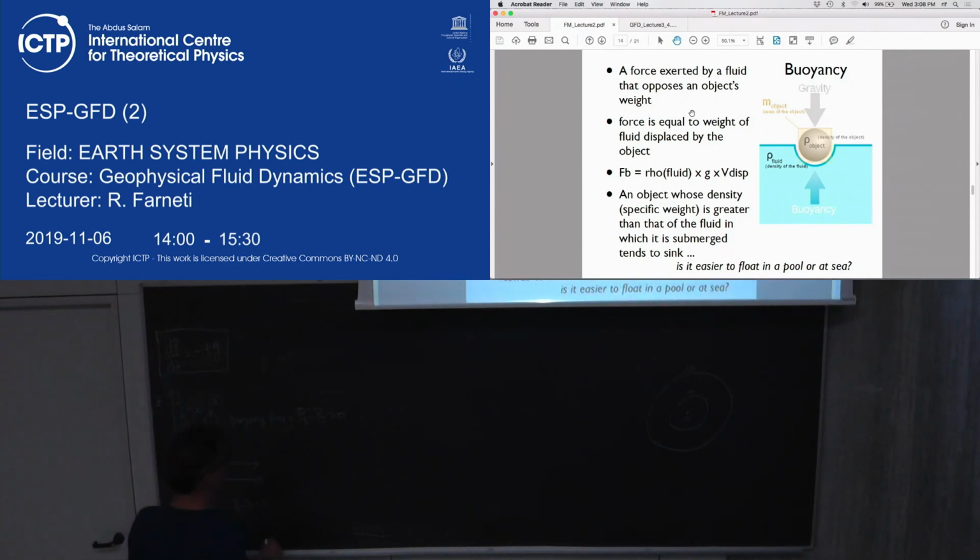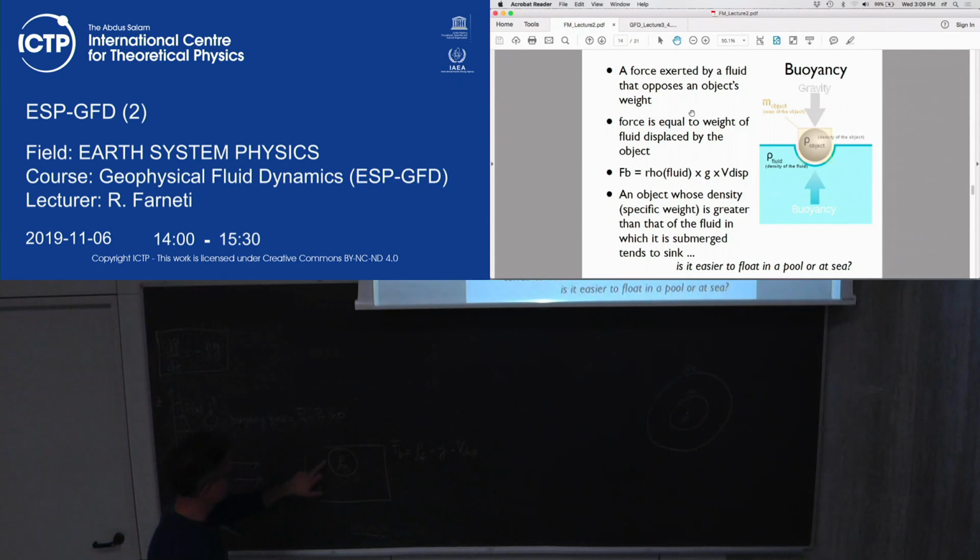So if you imagine that ball there, rho object inside a rho fluid. So the buoyancy force is equal to the weight of the fluid, so the density of the fluid times gravity times the volume displaced by the object.